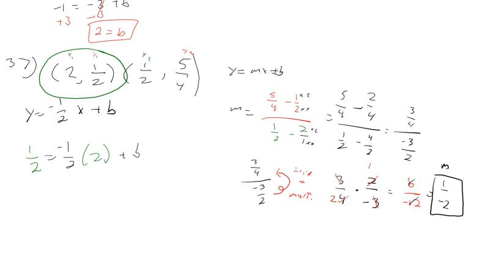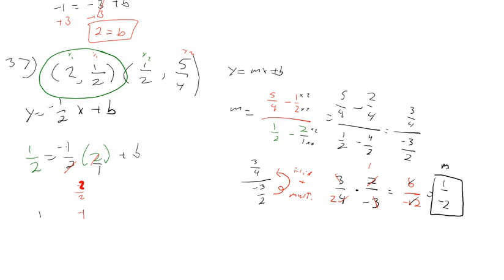Multiply these 2 things together. Negative 1/2 times 2. I've got to make this 2 a fraction, make it 2 over 1. Multiply the tops and bottoms, right? Negative 1 times 2 is negative 2 on the top. 2 times 1 is 2 on the bottom. Negative 2 over 2 becomes negative 1, or I can cancel these 2's. Either way, it becomes negative 1. So we've got 1/2 equals negative 1 plus b.